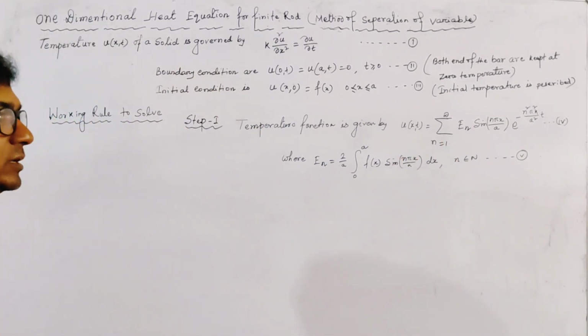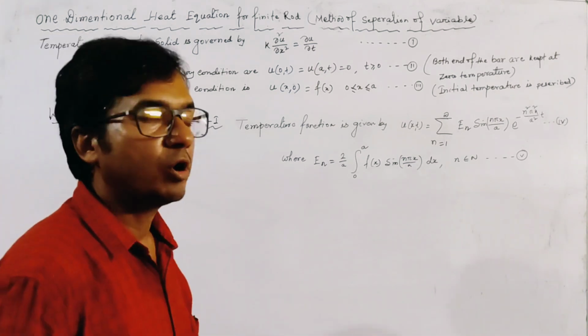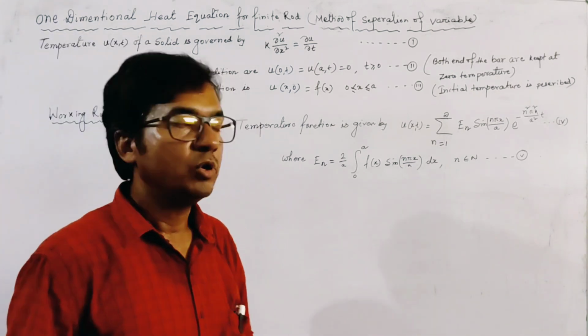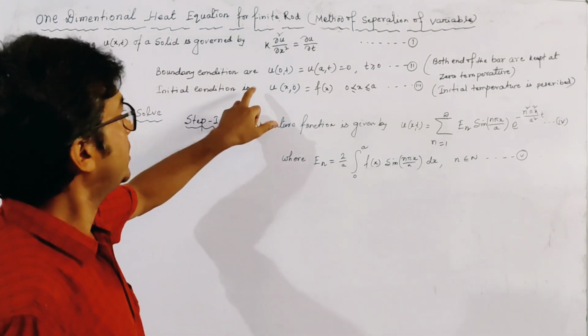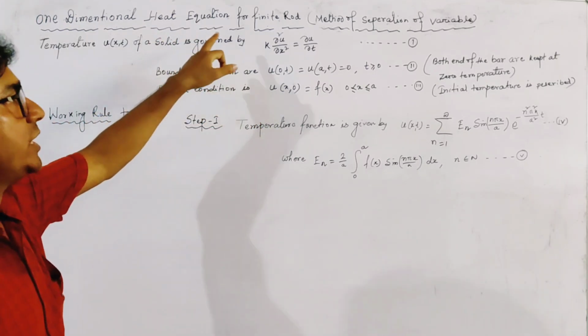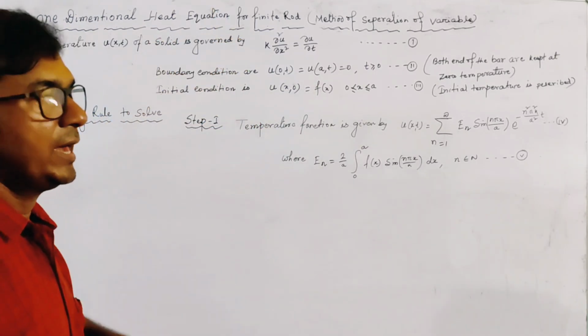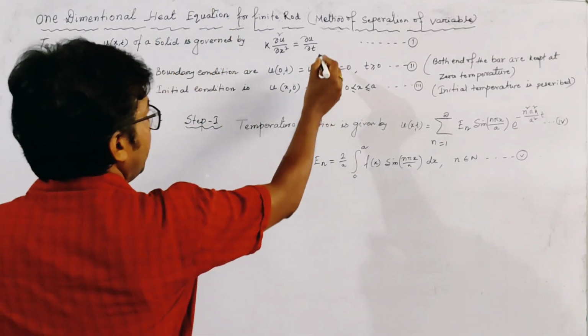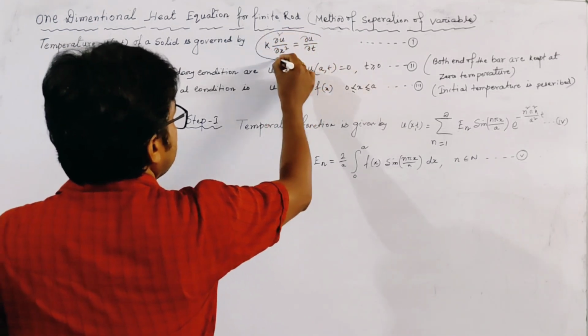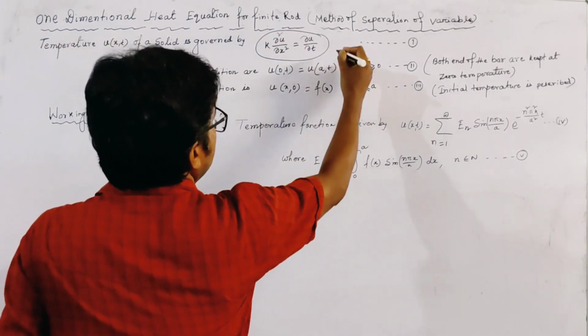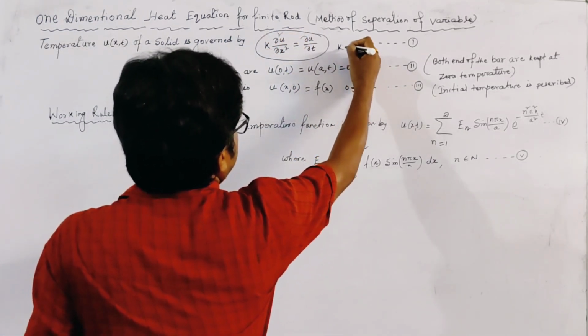Now we compare our given particular problem with this general problem of the one-dimensional heat equation. Comparing the first equation with the given problem, we get the particular value of k.